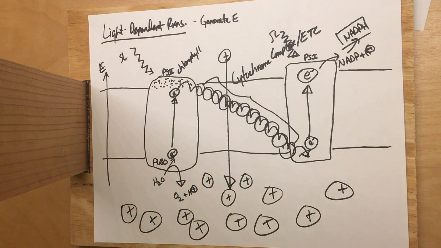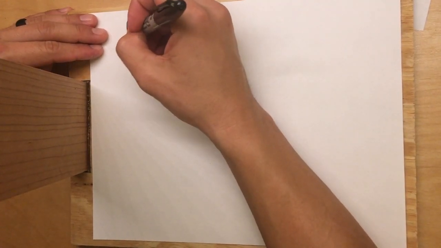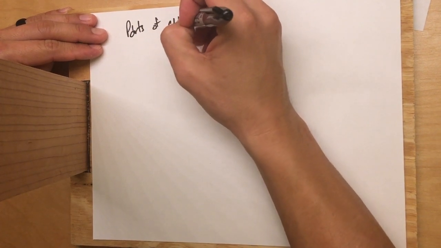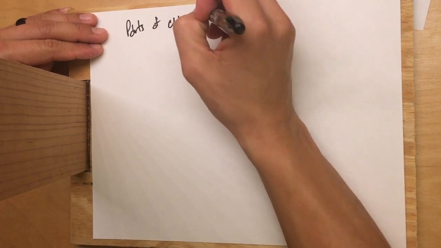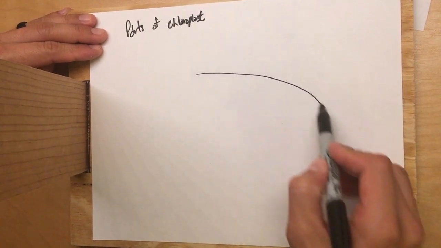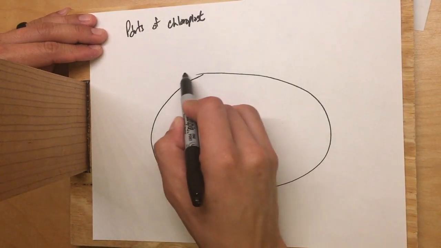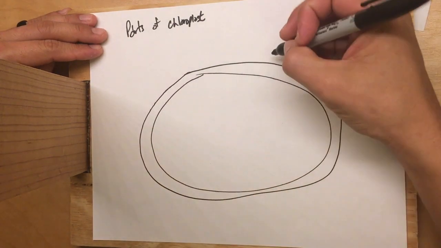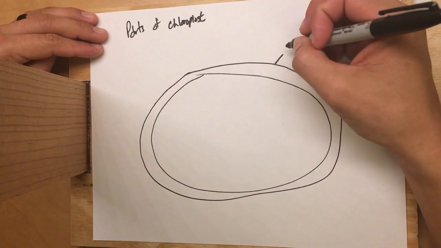It's because we're going to use those protons the same way we did in respiration. If you're looking at the parts of the chloroplast, it has got two membranes on the outside. These membranes have really boring names.